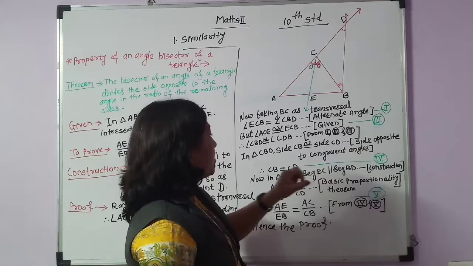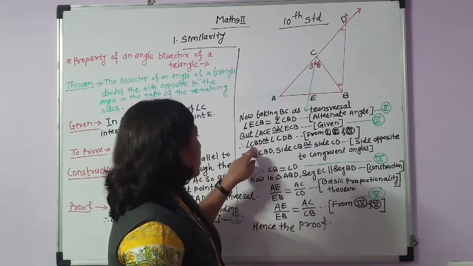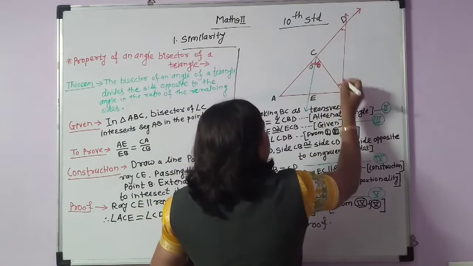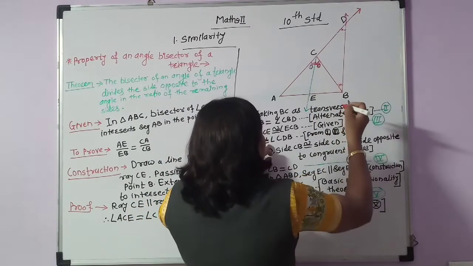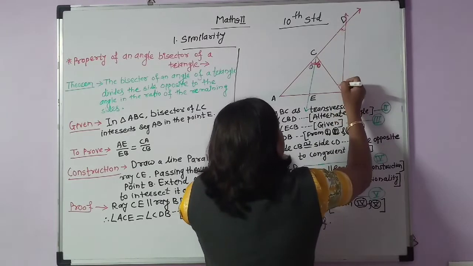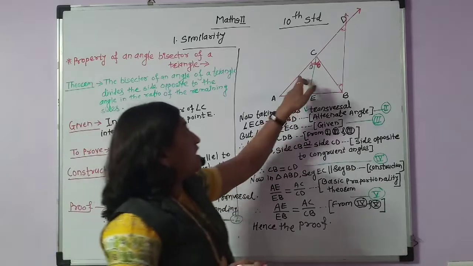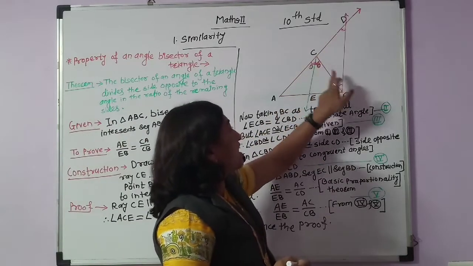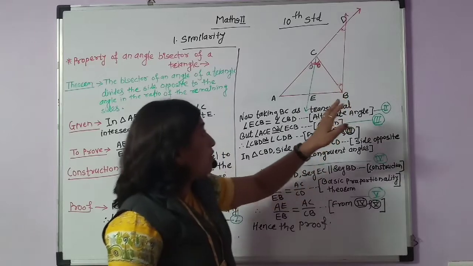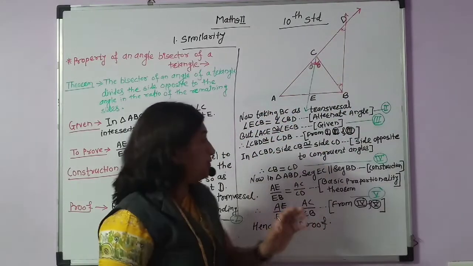Therefore, from equations 1, 2 and 3, we can write angle CBD is congruent to angle CDB, because the angles equal to the same angle are congruent to each other.